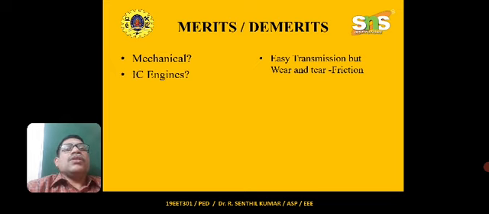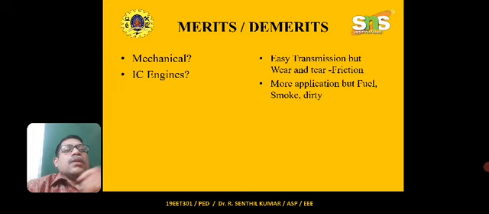Next, the IC engine. The application is more and it is still utilized, whereas it needs fuel, produces smoke, and is dirty since oil comes into the picture. The engine may be dirty, and it creates air pollution and smoke.